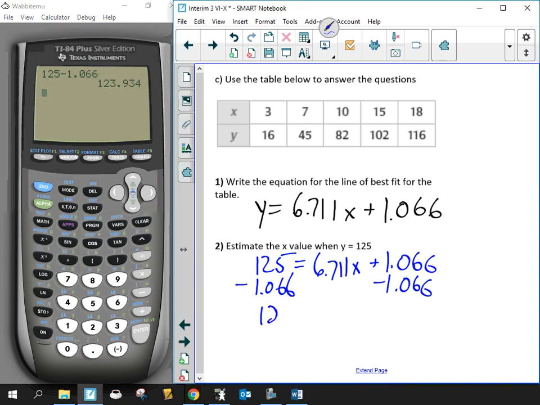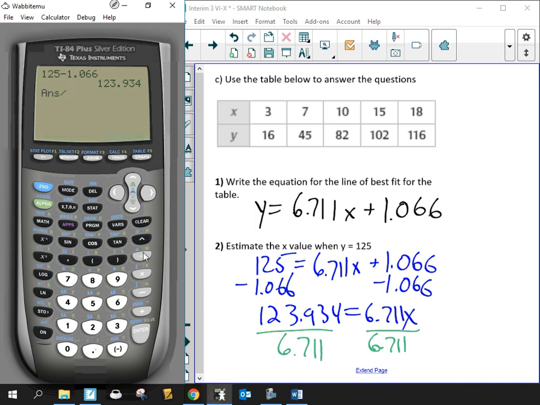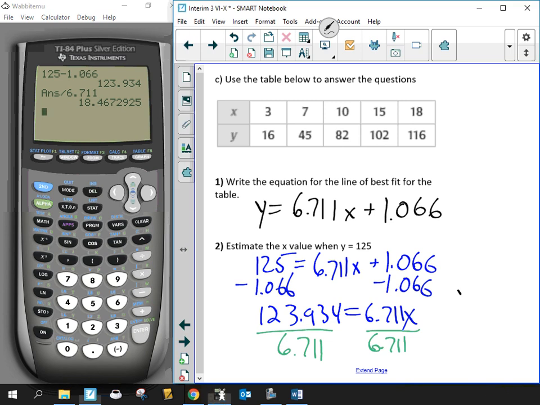And I'll get 123.934 equals 6.711x. Divide both sides by 6.711. And I get my answer is x equals 18.467.